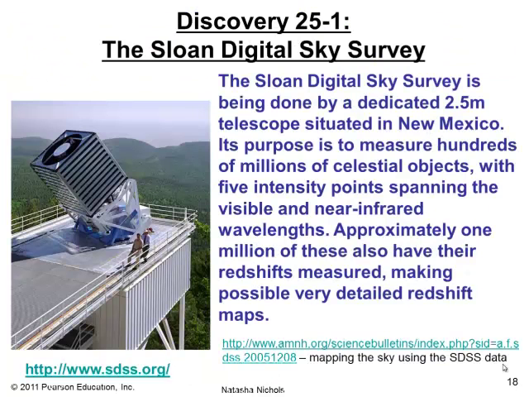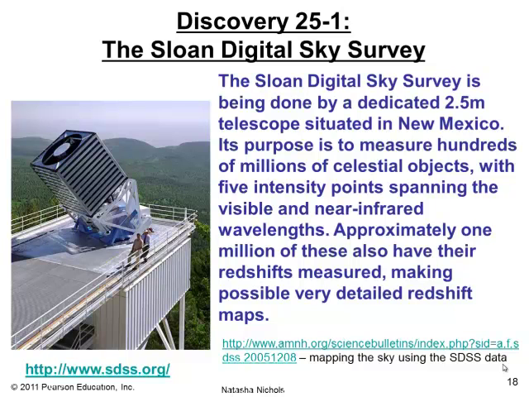I'd like to talk a little bit about the Sloan Digital Sky Survey. This survey of the sky is being done by a dedicated 2.5-meter telescope located in New Mexico. Its purpose is to measure hundreds of millions of celestial objects with 5 intensity points spanning the visible and near-infrared wavelengths. Approximately 1 million of these also have their redshifts measured, making possible very detailed redshift maps.